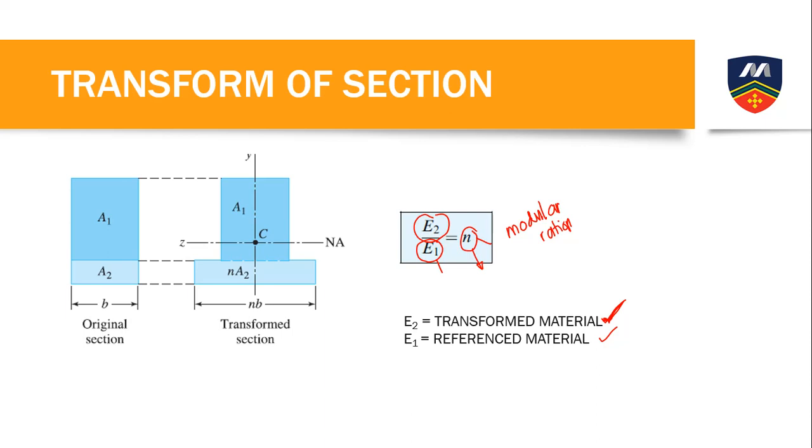Okay. Now, pag makita nimo ang N, himuon mo siya og factor. For example, if this is your beam, we have A1 and A2, a combination of two materials. Now, to convert your A2 into A1, you just multiply A2 by N. So, multiply lang nimo, or that is just N times B. Okay?